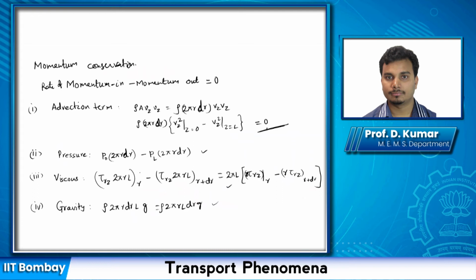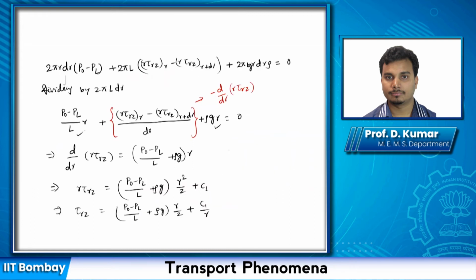So what essentially that means is dvz by dr at r equals 0, that is at the center, has to be 0, and that would mean that tau rz at r equals 0 has to be 0.